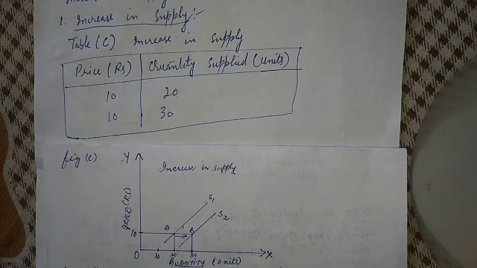This arrow shows the shift in supply curve from S1 to S2. So supply curve shifts forward from S1 to S2. The producer shifts from point A on the old supply curve to the point B on the new supply curve. This is the increase in supply.